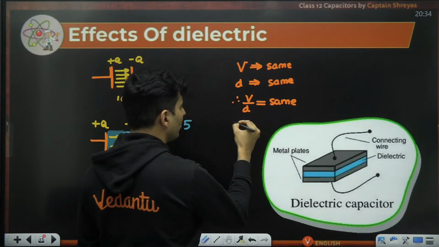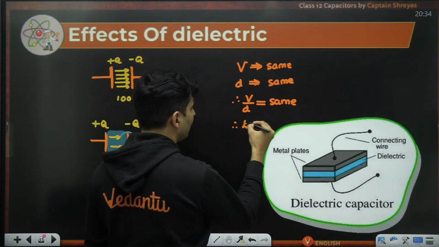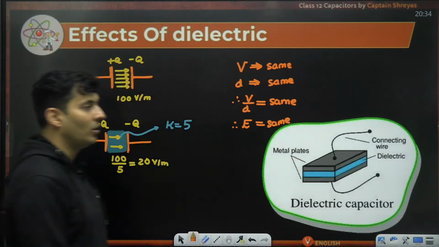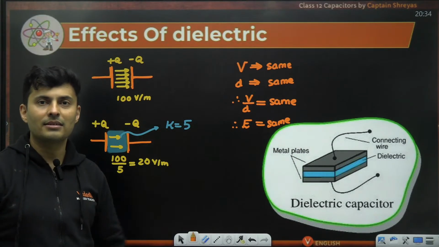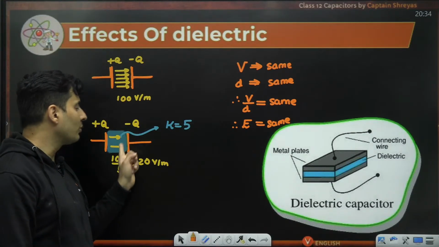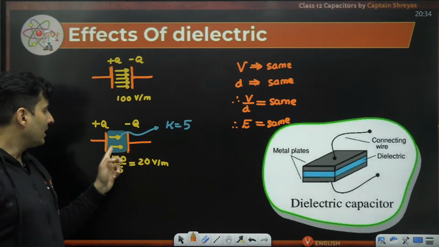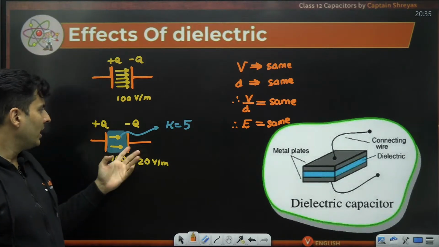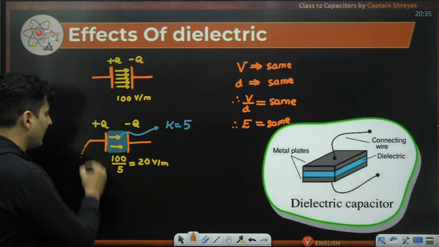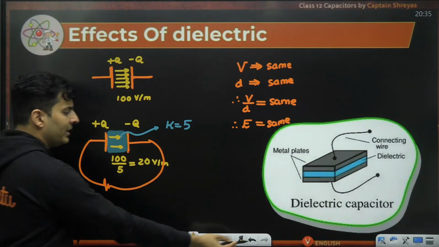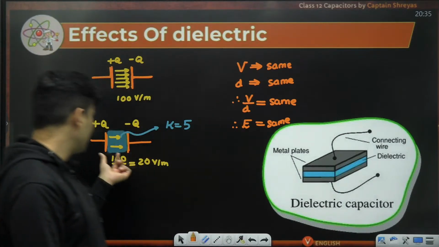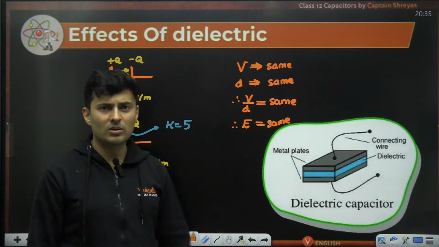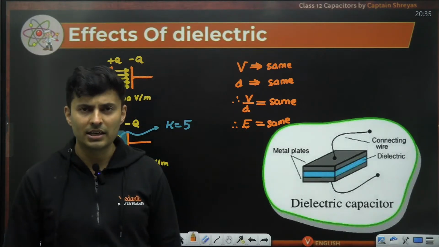But what is voltage per unit distance? It is nothing but the field. The field has to be the same. Oh my gosh, I'm getting two conflicting answers. This is saying if you put a dielectric medium, that 100 should be divided by the constant, so it will become 20. But the capacitor is still connected to that battery, so the voltage difference is the same, the distance between the plates is the same, so V by d is the same, so the field is also the same because E is dV by dr.